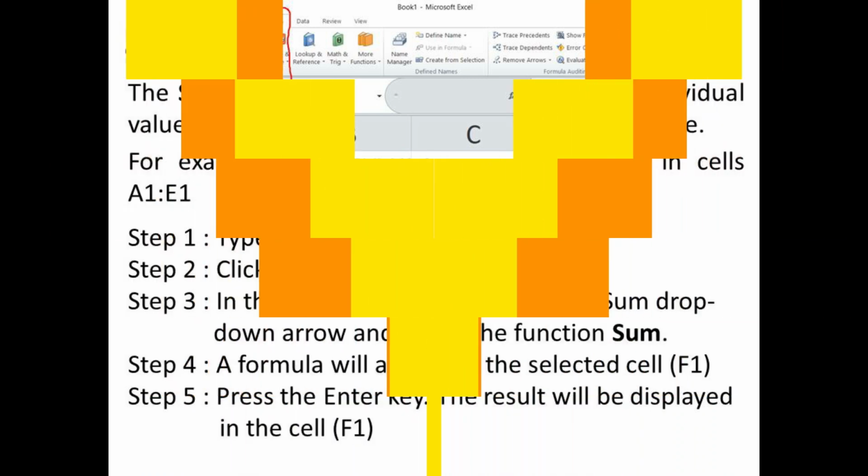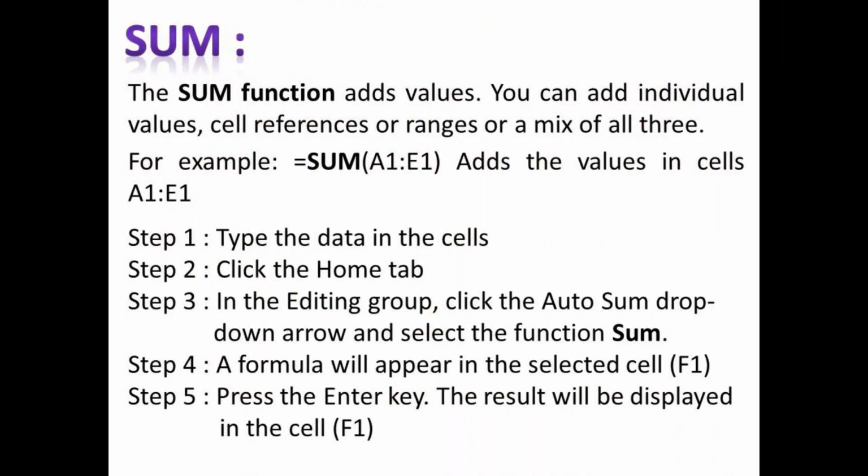Children, now let us learn about the function sum. What is the use of the function sum and how we can use the function sum in MS Excel. The sum function is used to add the values present in the cells. You can use the sum function by adding individual values or by cell references or by selecting the range of cells or a mixture of all the above three options.